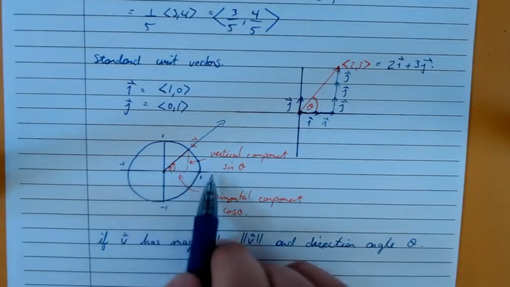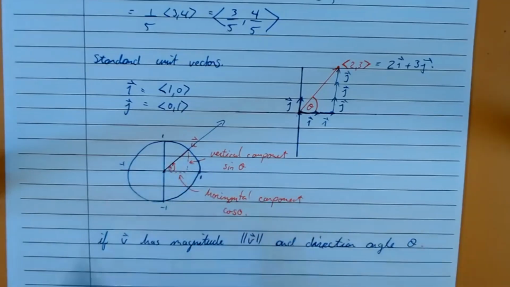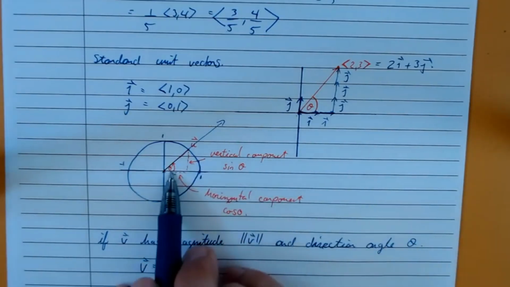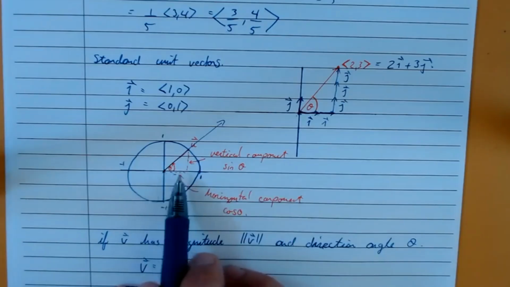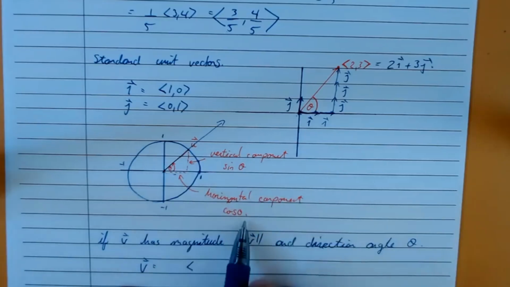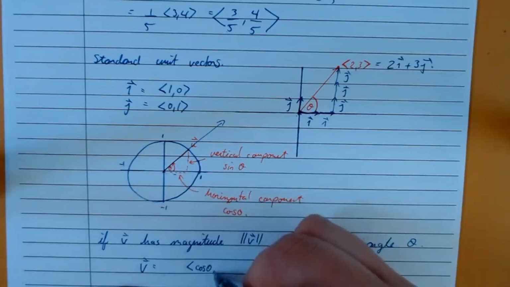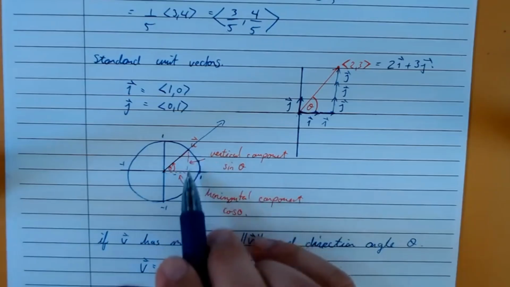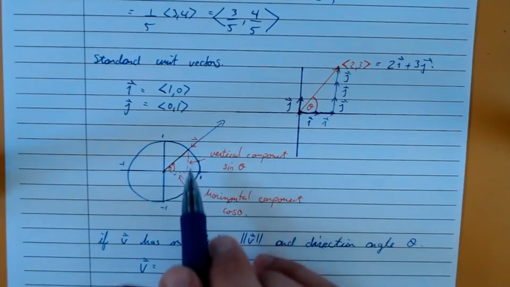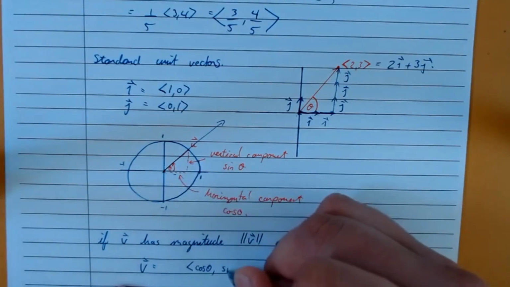You start from the positive half of the x-axis and go counterclockwise. Then the vector v is equal to the horizontal component, which is the first component, given by the cosine of theta. The second component, the vertical component, the y component, is given by the sine of theta.